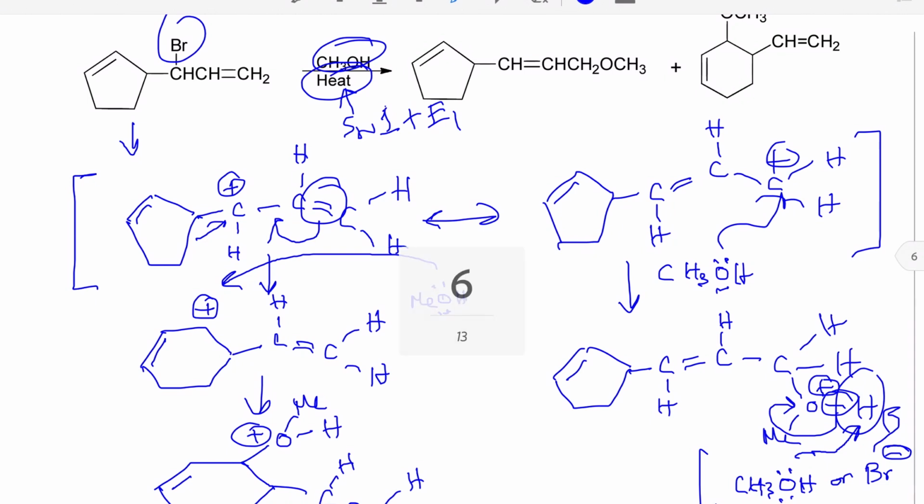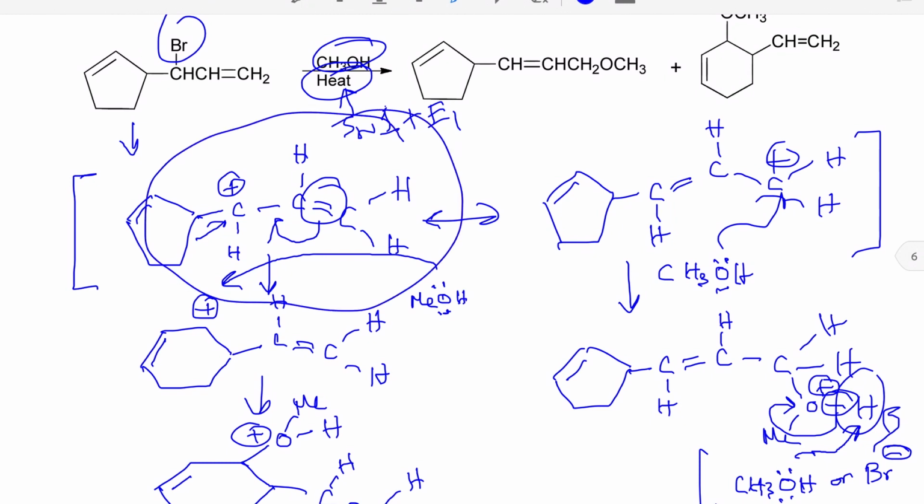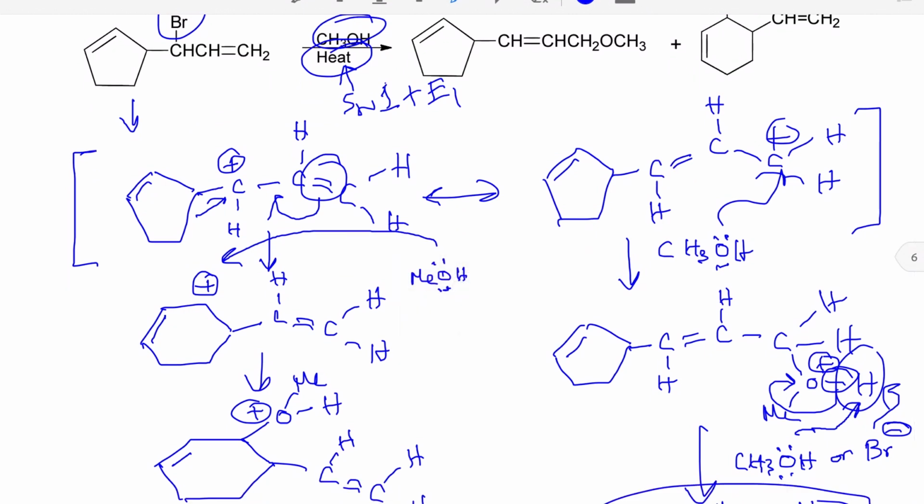Now let's take a few steps back, and let's look at this resonance form. At this point we have a positive charge at this carbon. When you have a positive charge at a carbon next to a ring, there is always the possibility for a ring expansion.